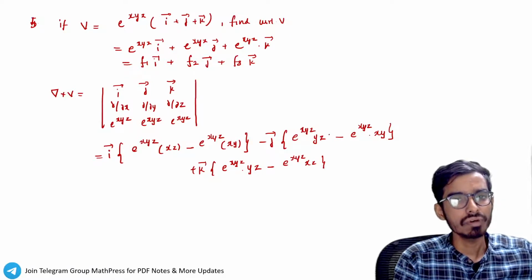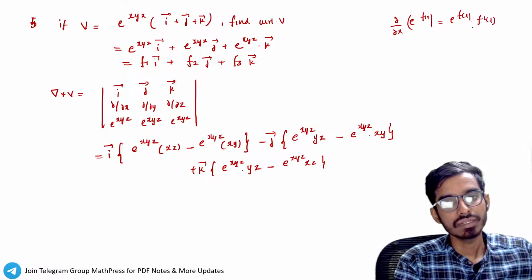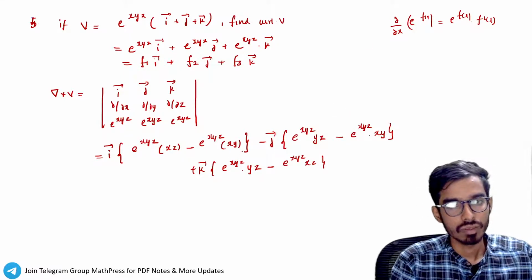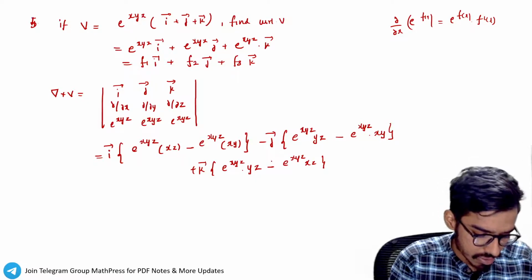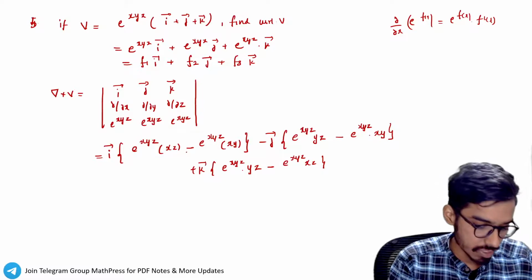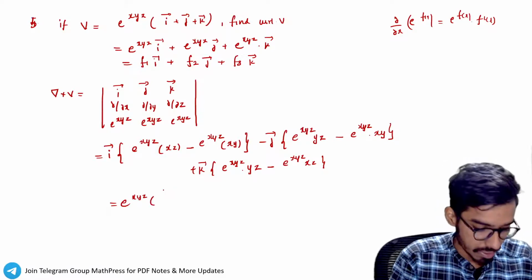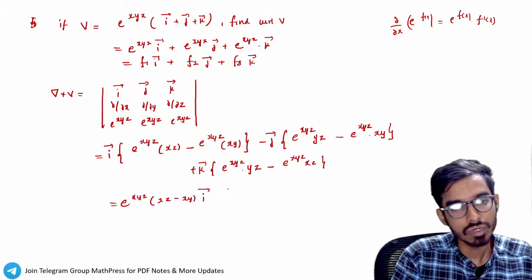So you know the derivative of e power something: dou by dou x of e power f of x is e power f of x into f dash of x. So I think this is an answer. If I take e power xyz common, we have xz minus xy into i vector.